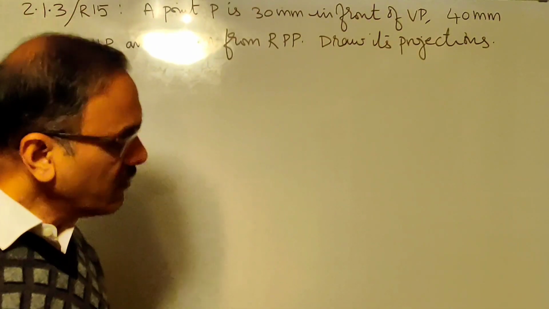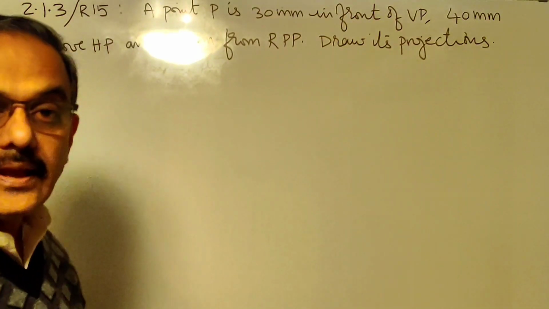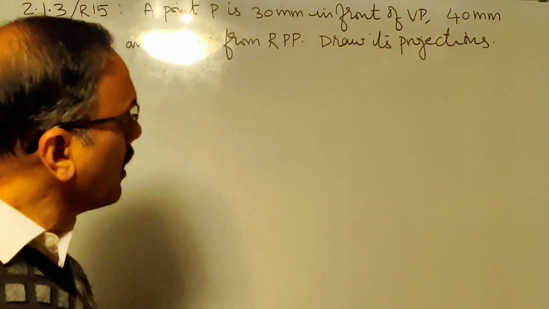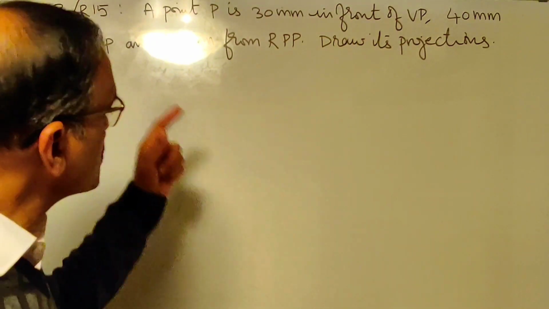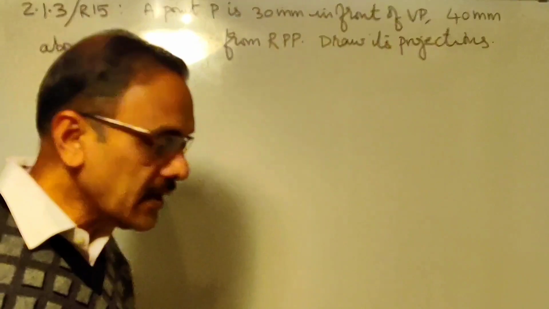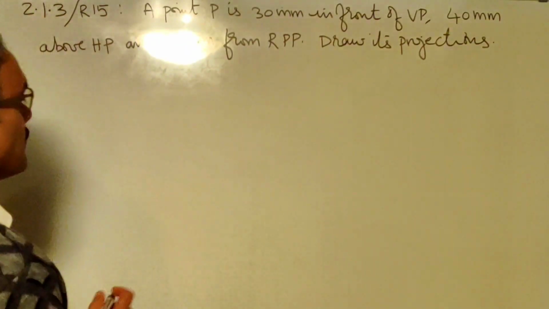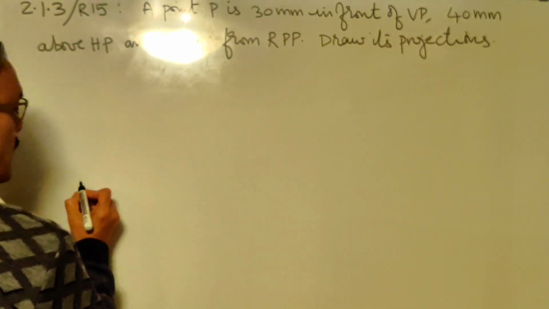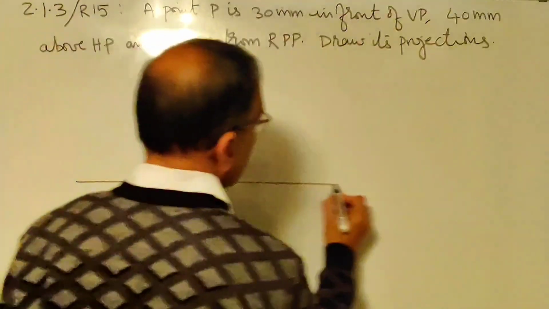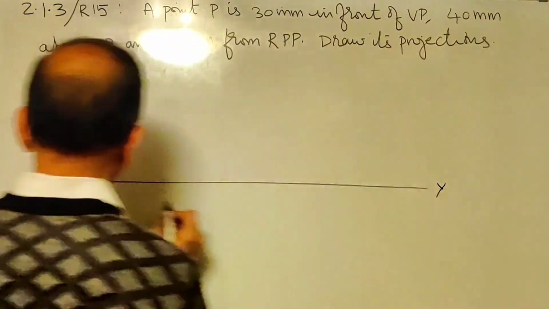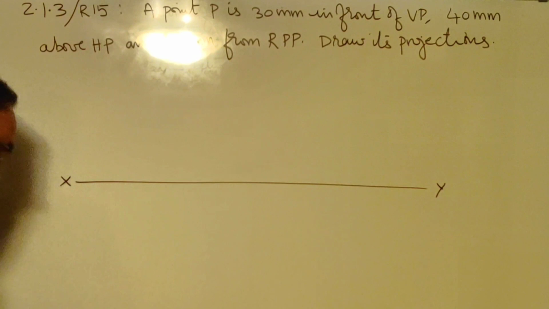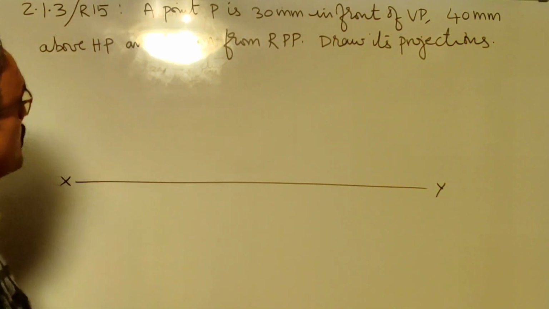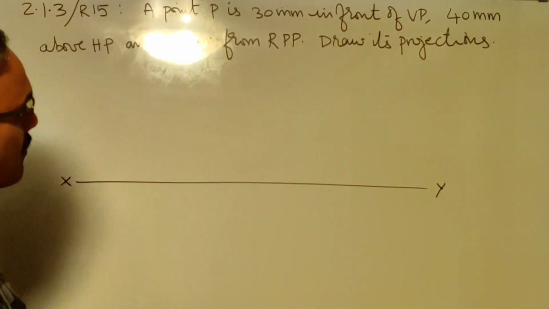Okay. Before we move to the profile plane, let us draw the projections of the point with reference to VP and HP first. Now this is my XY line. There is a point P 30 mm in front of VP.